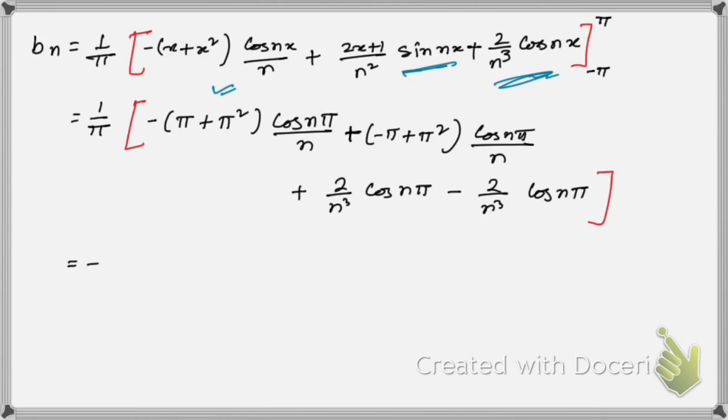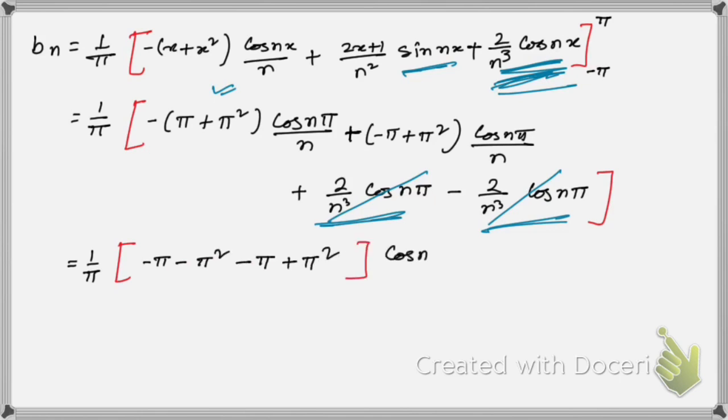So first put pi here and you will get this one. If you put minus pi, then also you will get this. And these two cancel, so we have got this result. So cos n pi by n is taken common, so here these two cancel, so minus 2 pi.